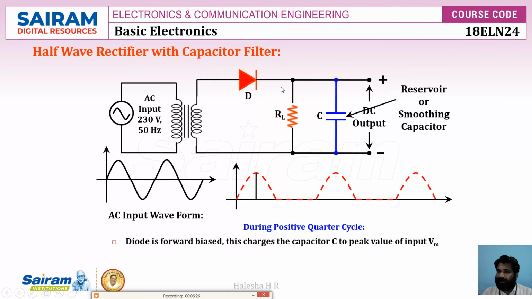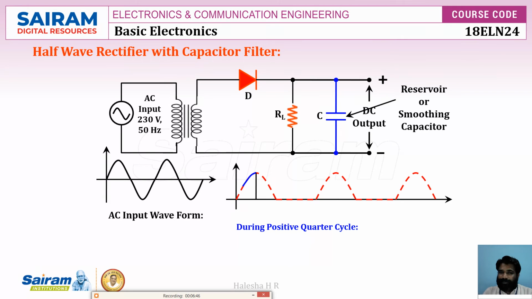This charges the capacitor, meaning current flows through RL and charges the capacitor to the peak value of the input, that is Vm. That means the capacitor voltage Vc is equal to Vm minus Vf, practically. So this indicates the capacitor charges to a peak value.